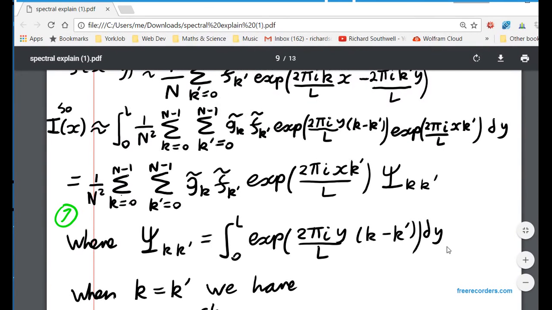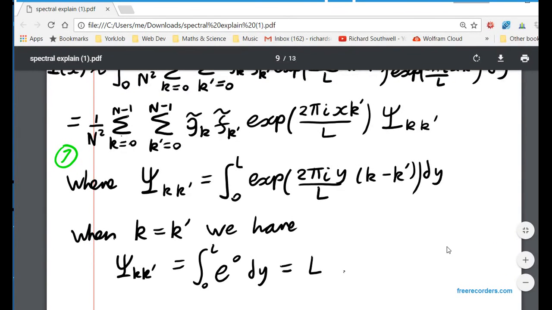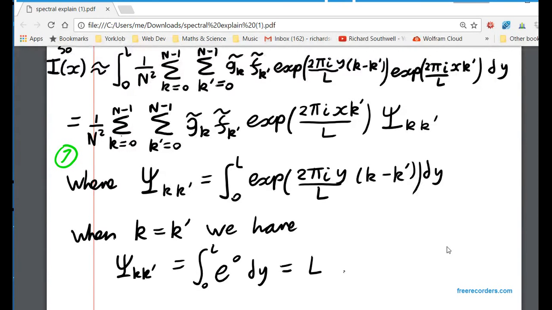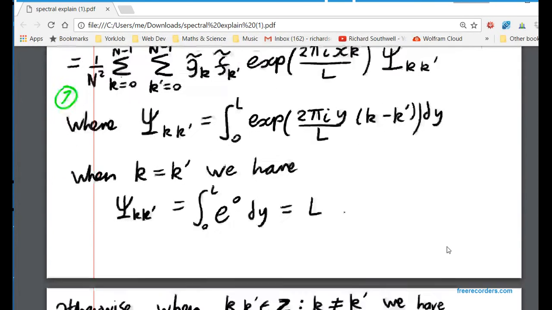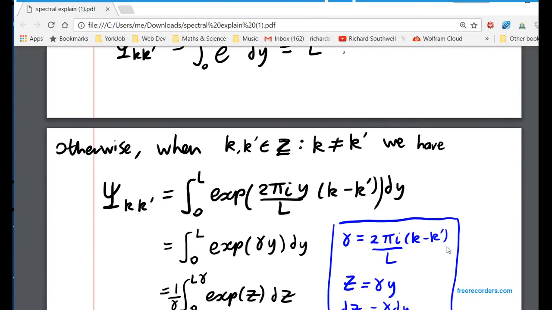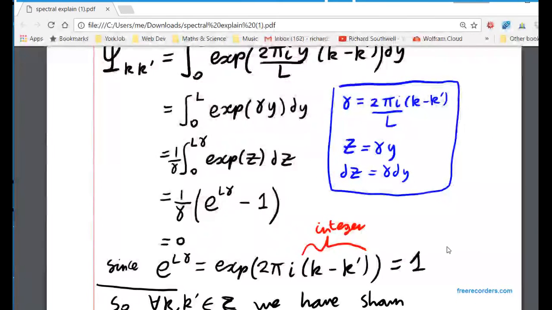We can see when k is equal to k dash, this is just going to be an integral of e to the 0, so it's just going to equal L. When k is not equal to k dash, if you evaluate this integral, you'll find it's equal to 0.